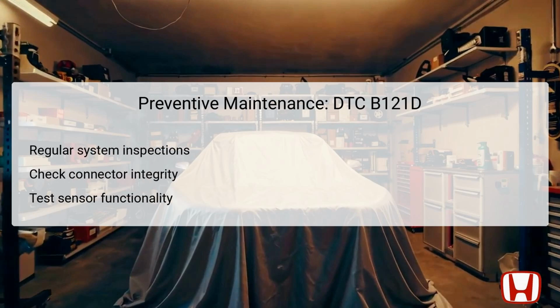Implementing preventive maintenance is integral for the longevity of your vehicle's climate control system and to avoid issues like DTC B121D. Regular inspections of the humidity/in-car temperature sensor, as well as its connectors, can preemptively identify any early signs of wear or damage before they escalate into significant problems.